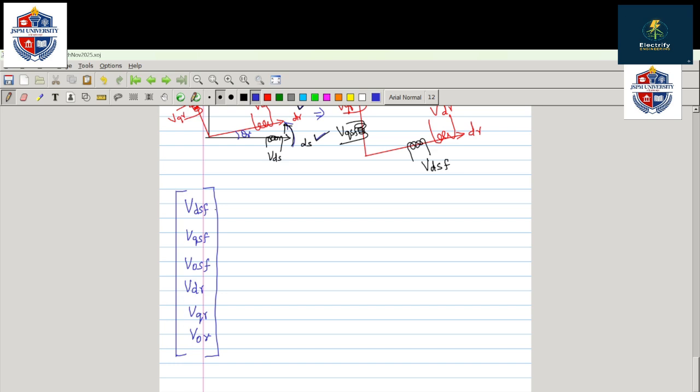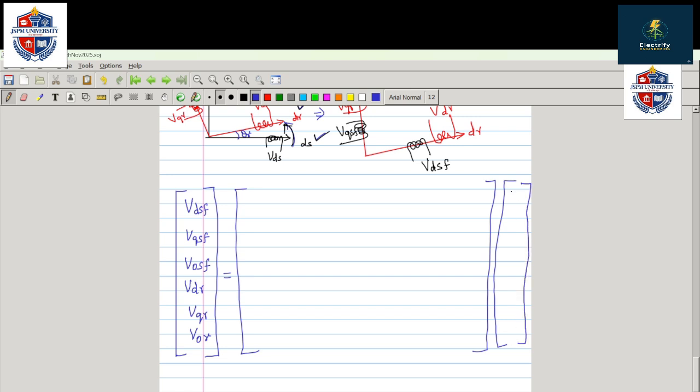That's what I have mentioned with F. So now we have a 6 cross 6 matrix, and then we have a 6 cross 1 matrix.